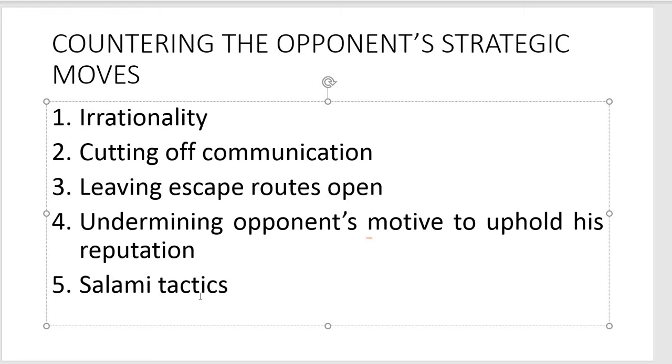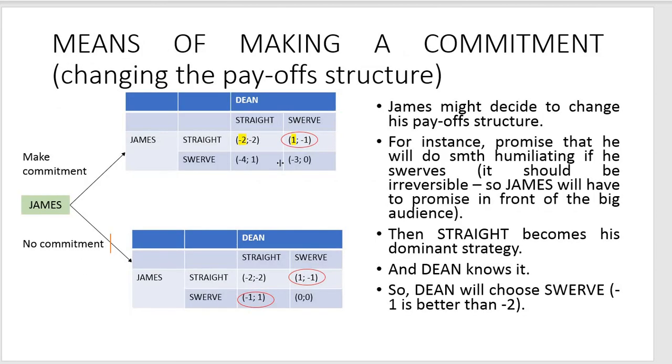Undermining the opponent's motive to uphold his reputation. Let's say in this game, James might be afraid of losing his reputation as the tough guy, and that's why he will never ever decide to swerve. So Dean might try to talk to James and persuade him that Dean will not tell anyone if James decides to swerve.